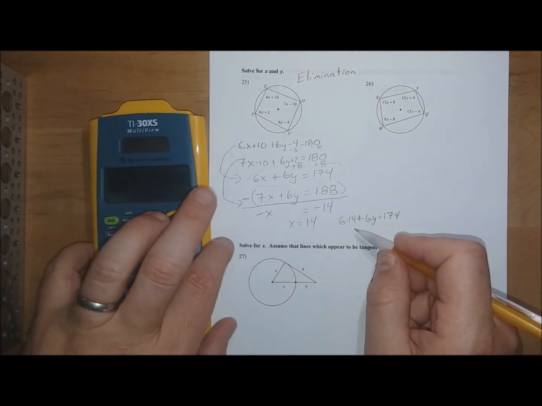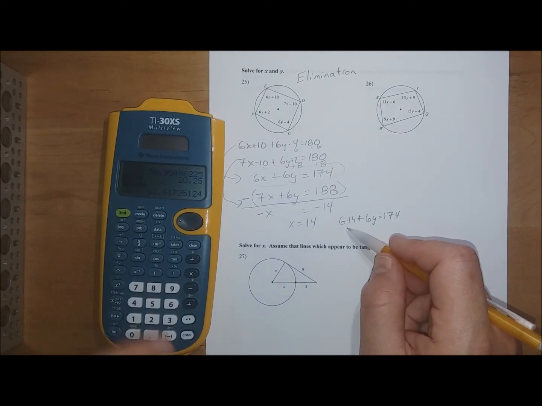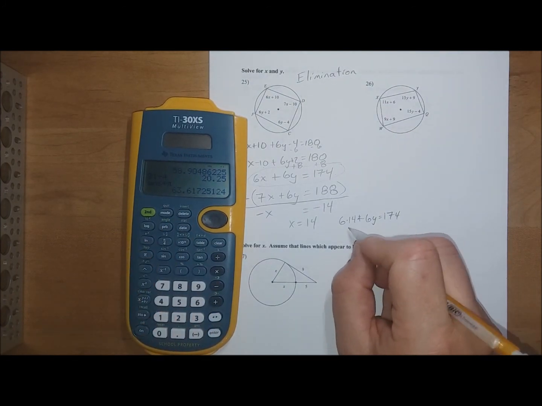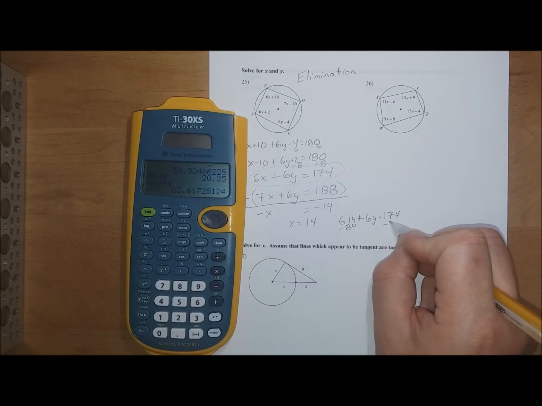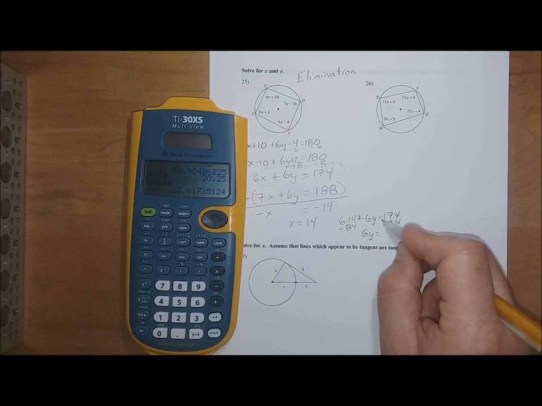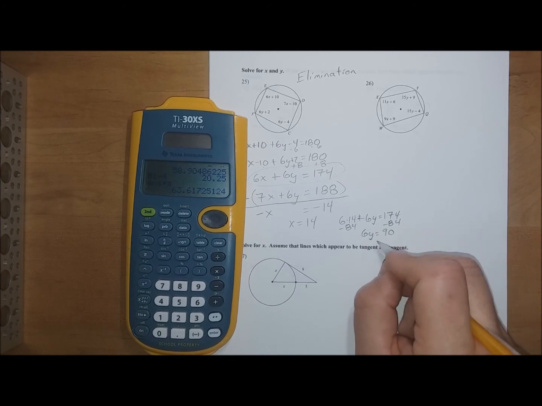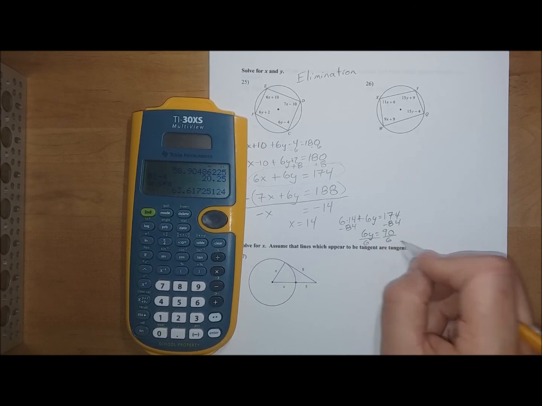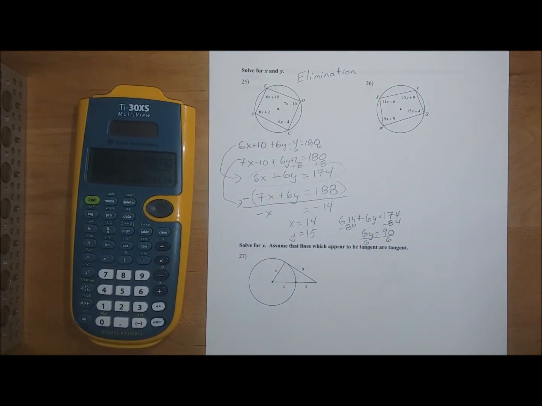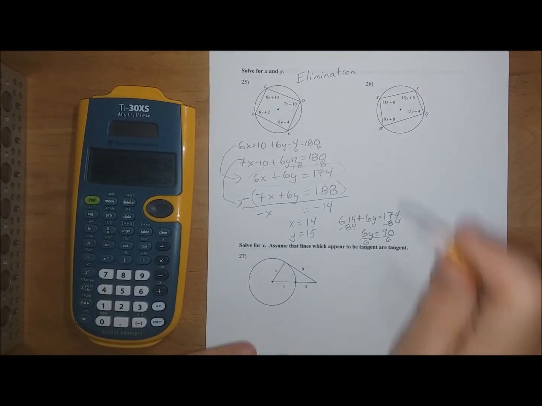And 6 times 14 is going to be, let's see, 84, is that right? So we'll subtract 84 from both sides. I'm trying to save some paper here. I get 6y equals 174 minus 84 is 90. Divide both sides by 6. And I think we get y equals 15. Good. Let's try another one.